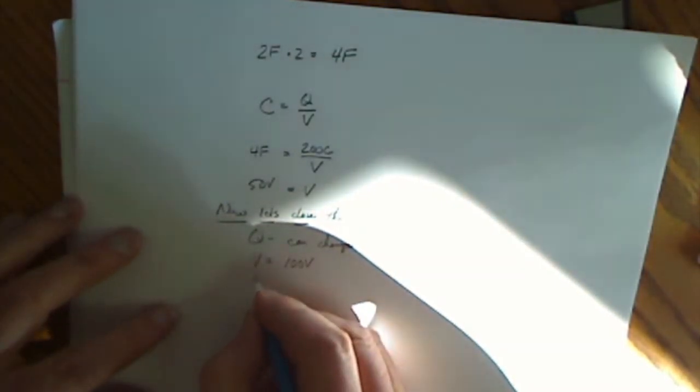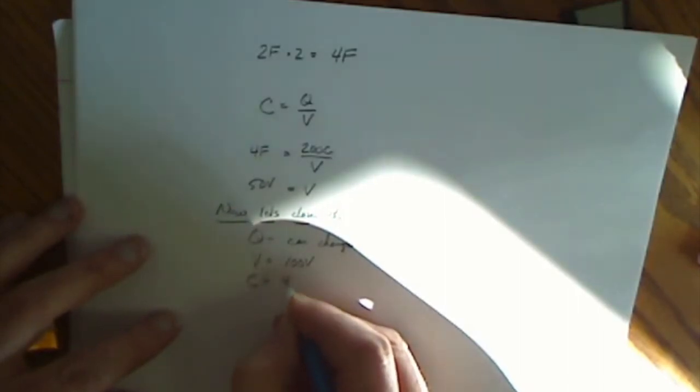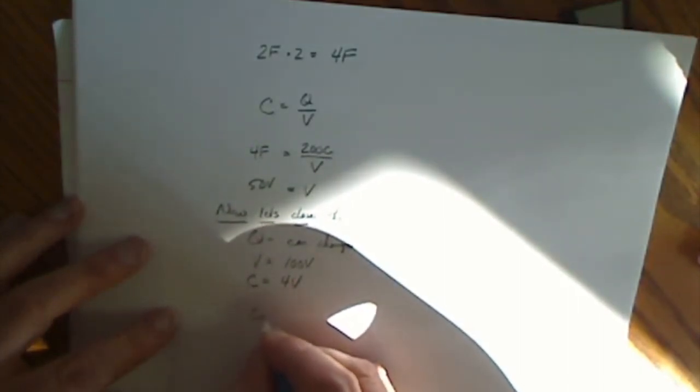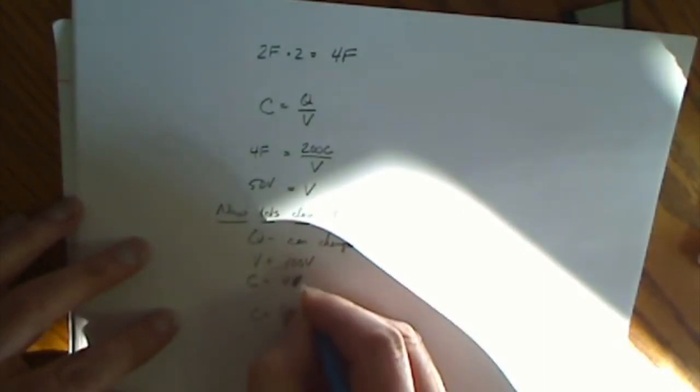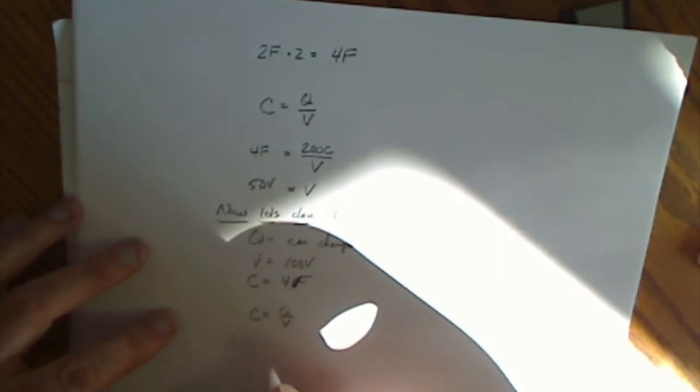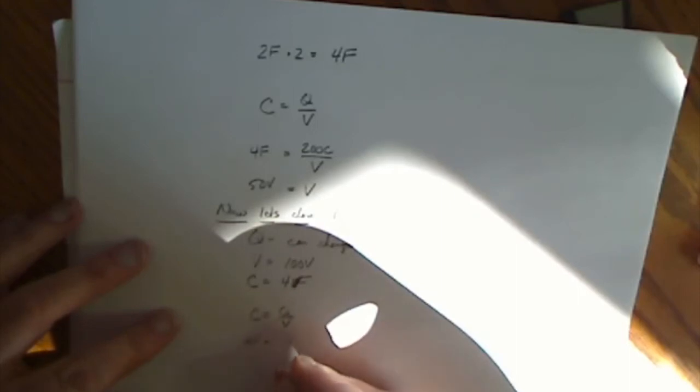So now let's take a look at this. We know our capacitance, since we changed the capacitor, was 4 farads. C equals Q over V. My bad, 4 farads. All right, so I'm going to have a 4 farad capacitor. I want to find out what my new charge is, and I back up to 100 volts.